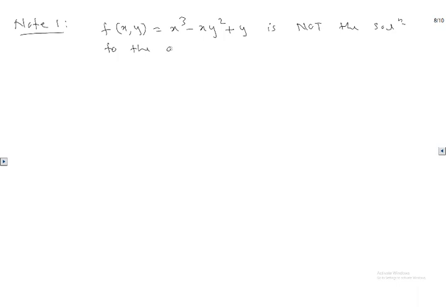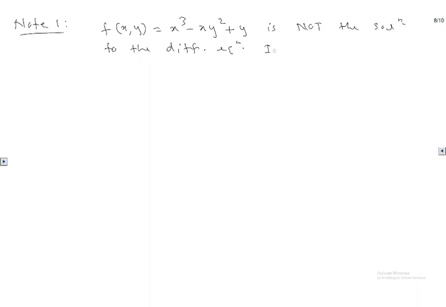Note 1: f(x,y) equal x³ minus xy² plus y is not the solution to the differential equation.